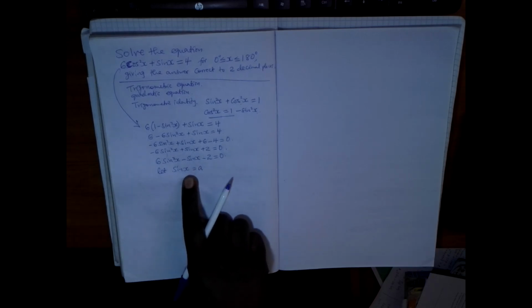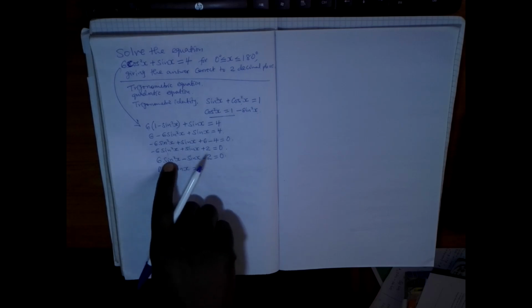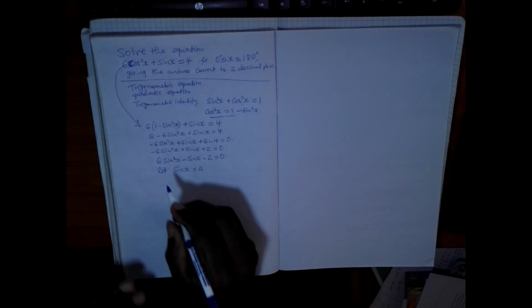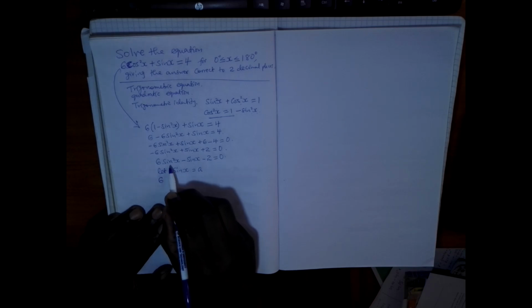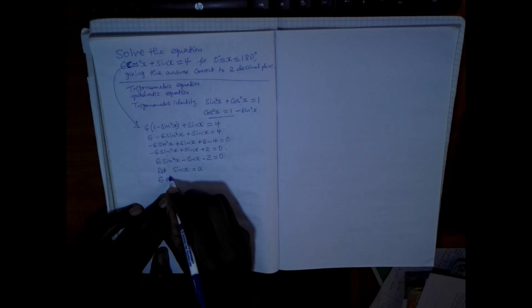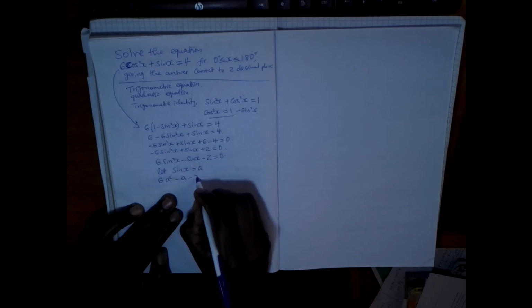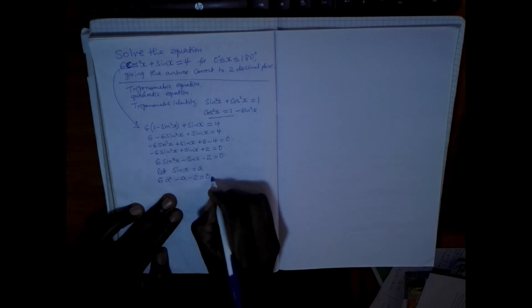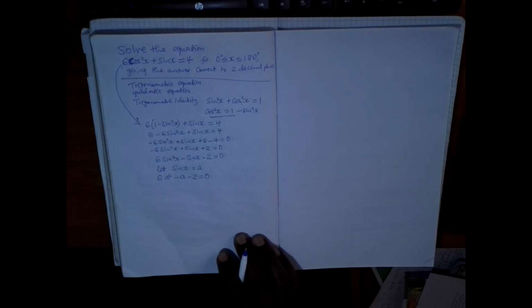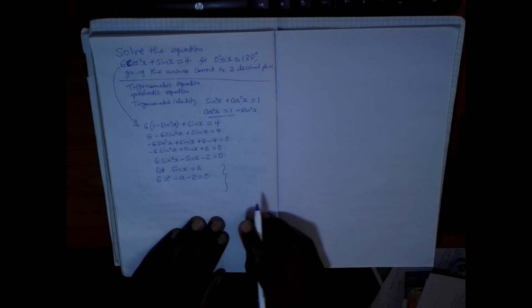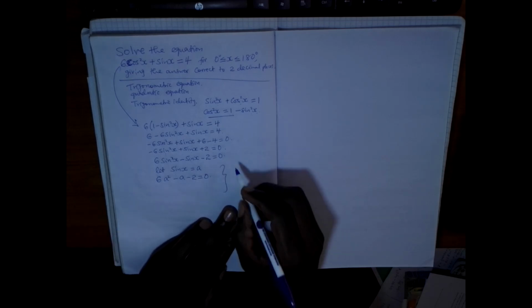Substituting, we have 6a squared minus a minus 2 is equal to 0.